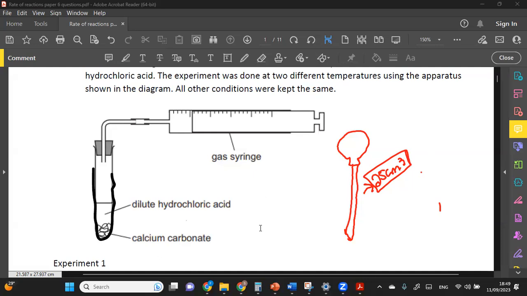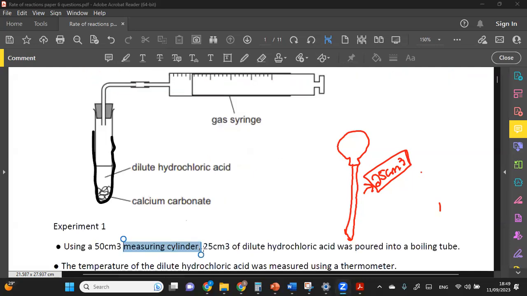The second thing is that in this experiment they collected 25 centimeter cube of acid. To measure the acid, they used a measuring cylinder. A measuring cylinder is fine, but we have this instrument in chemistry we call a pipette. A pipette is like a glass tube, and on the top of it we have a sort of bulb.